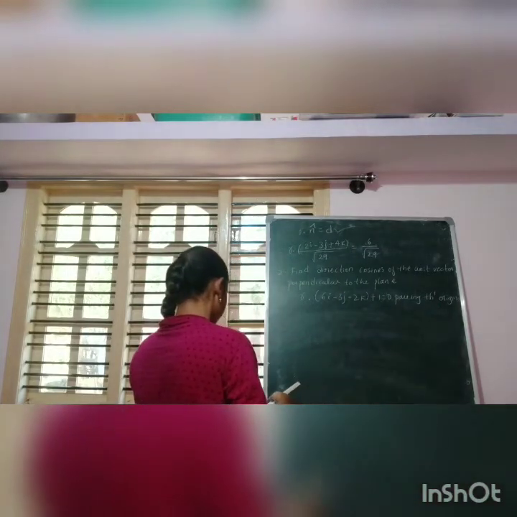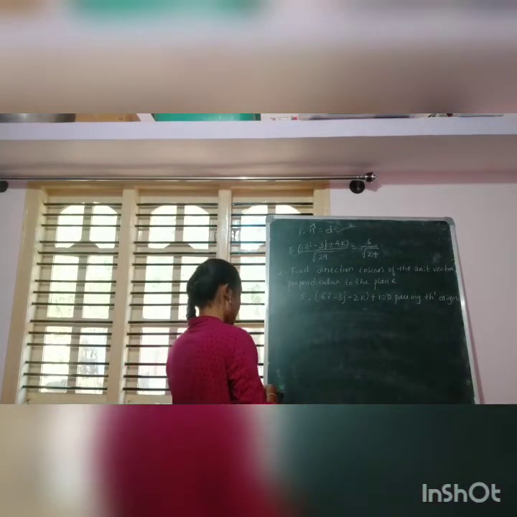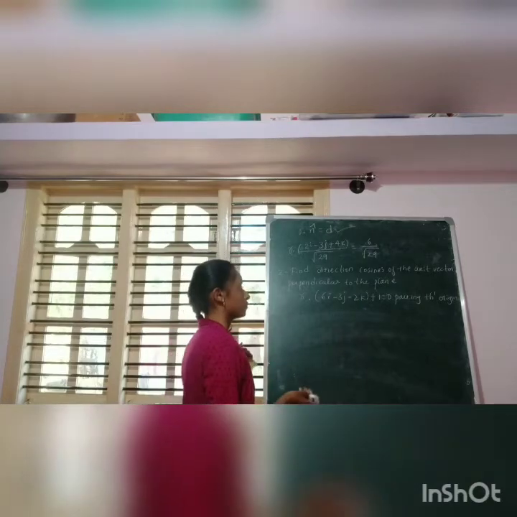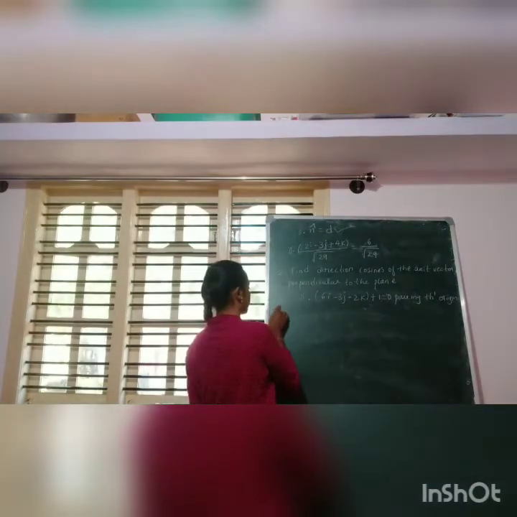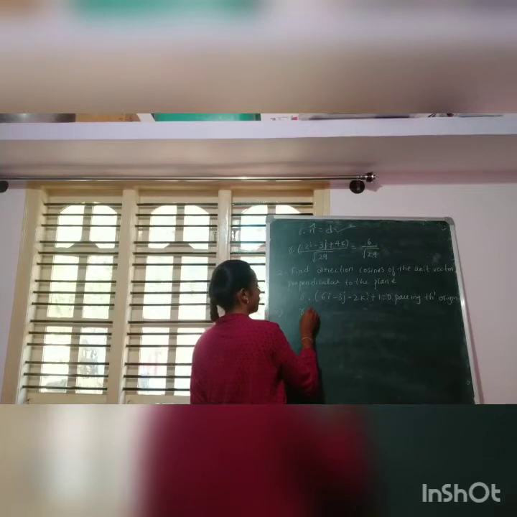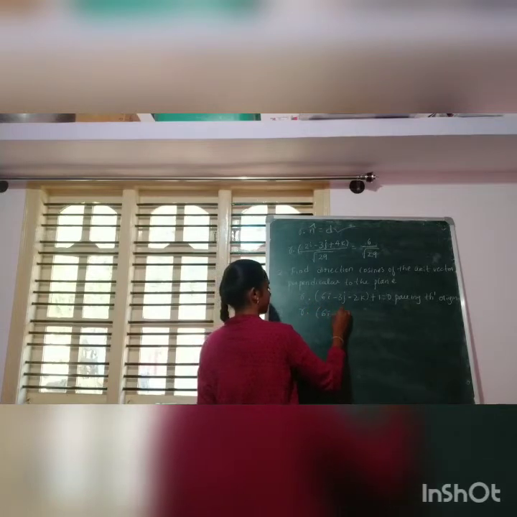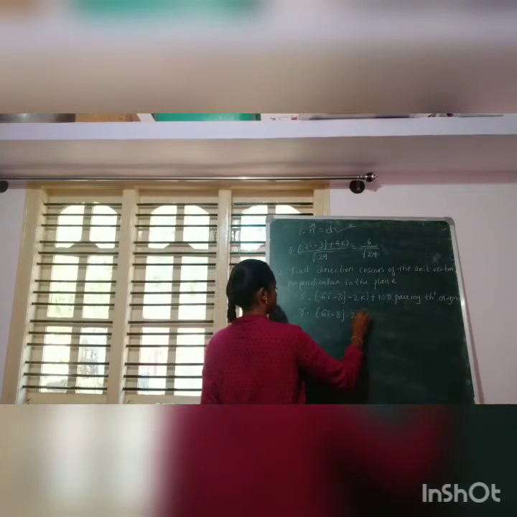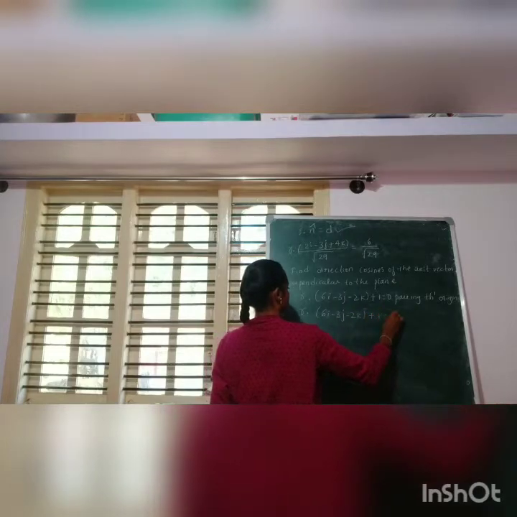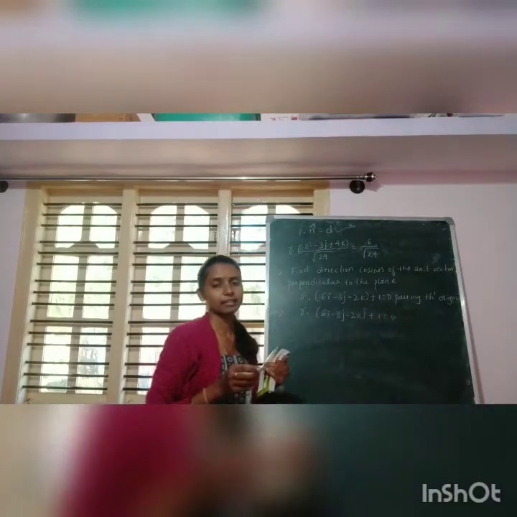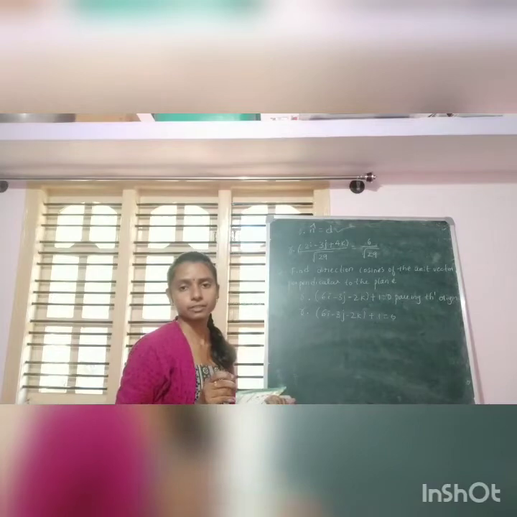We have to find the direction cosines. For this, consider the given equation r dot 6i minus 3j minus 2k plus 1 is equal to 0. Write it in the standard form r dot n is equal to d.